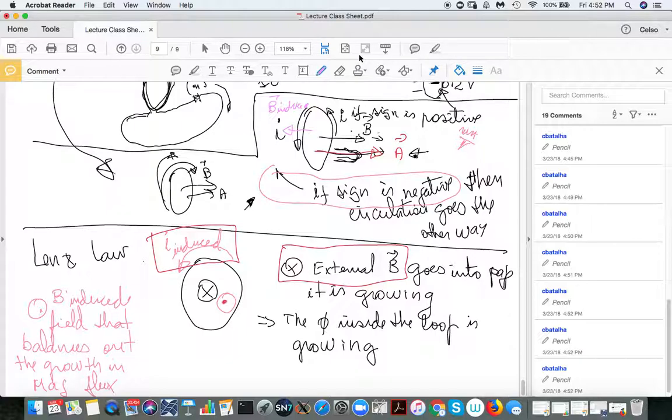Well, we place our thumb in the direction in which the current flows, which is this way. So put your thumb right here, then curl your right hand, of course, and curl your fingers, and the direction of your fingers tells the direction of the induced magnetic field, and then we got that one.